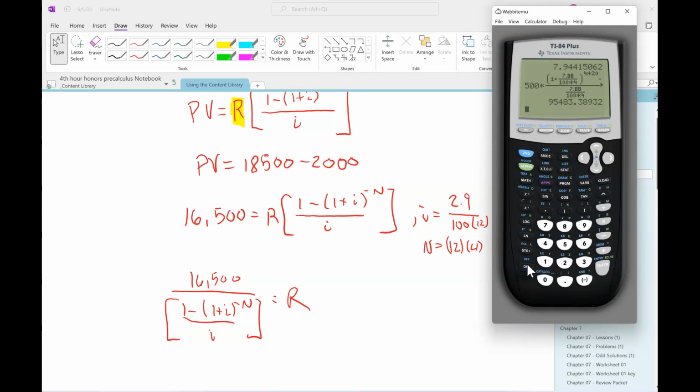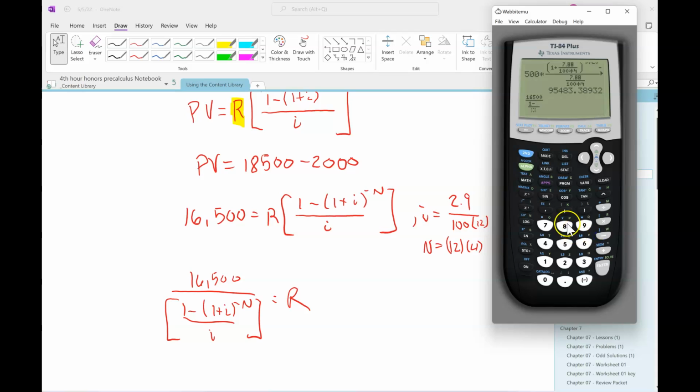Everybody cool? So this one, I'm definitely going to abuse the heck out of that fraction option on my calculator. So I'm going to do the fraction command and do my 16,500. And in the denominator, I'm going to do the fraction command again.